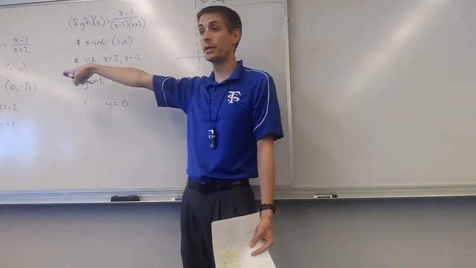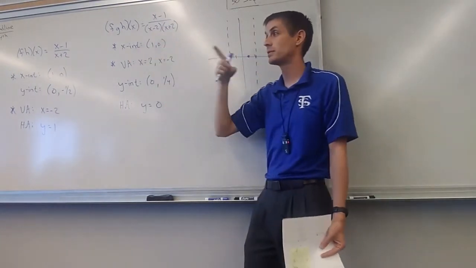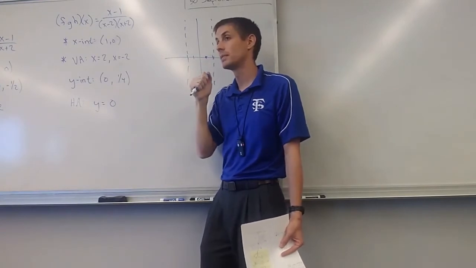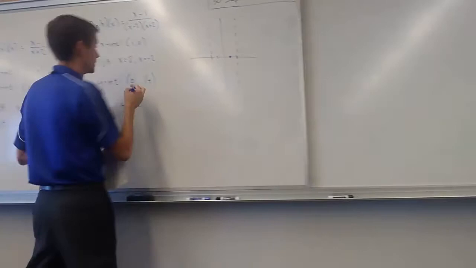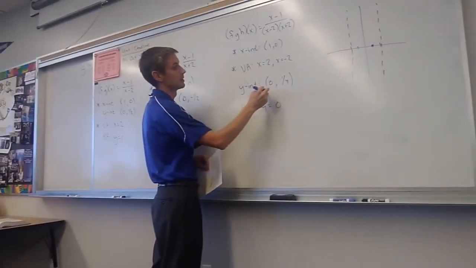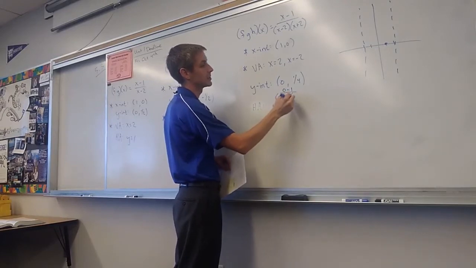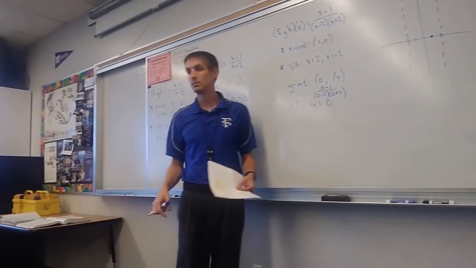I set x equal to 0 and plug it in. So if I find this as 0 minus 1 divided by 0 minus 2 times 0 plus 2, is that 1/4? Yeah, it is. That's -1 divided by -2 times 2, which gives you a positive 1/4.